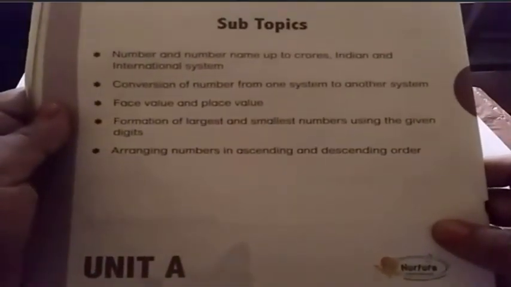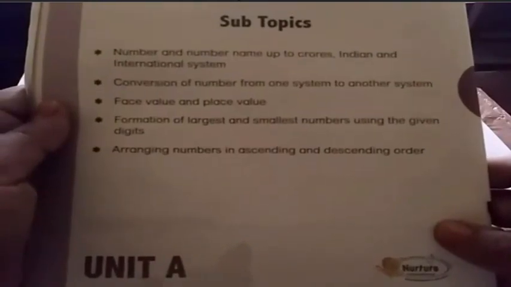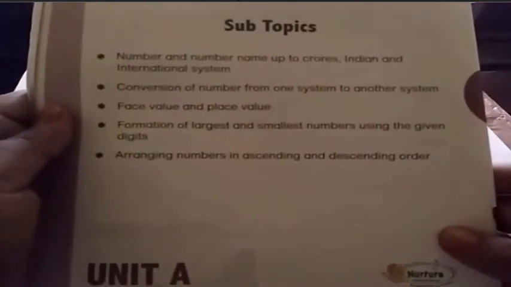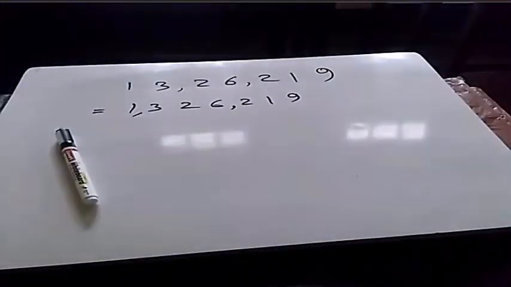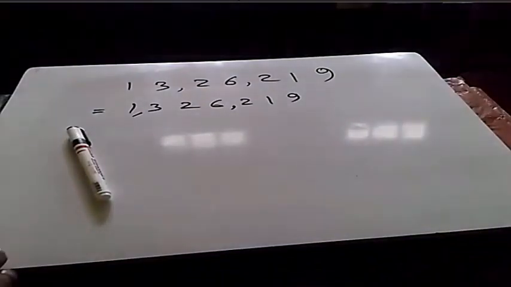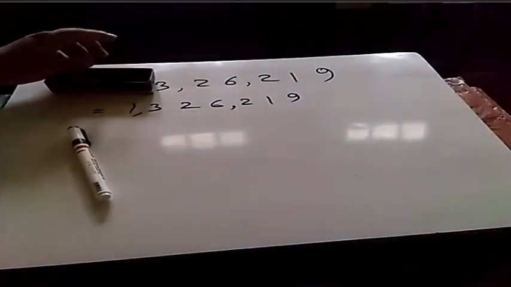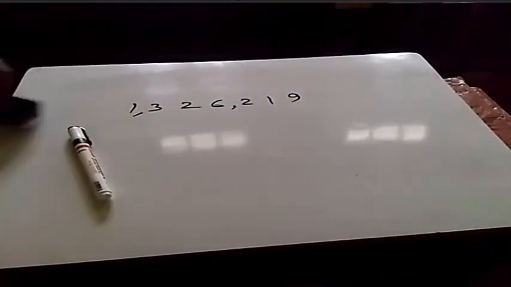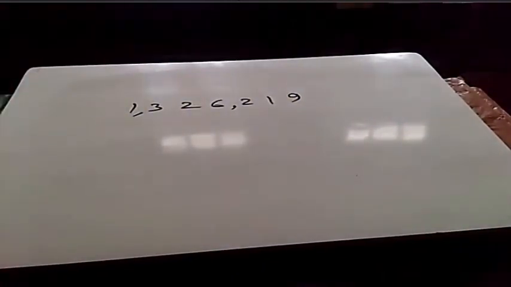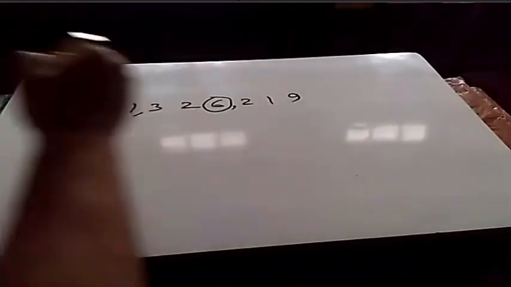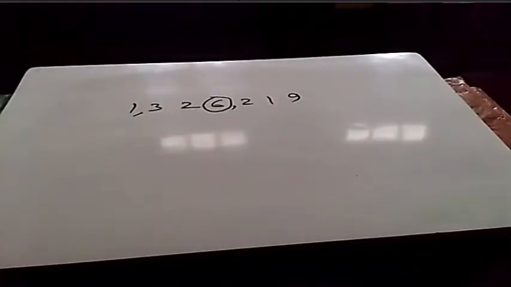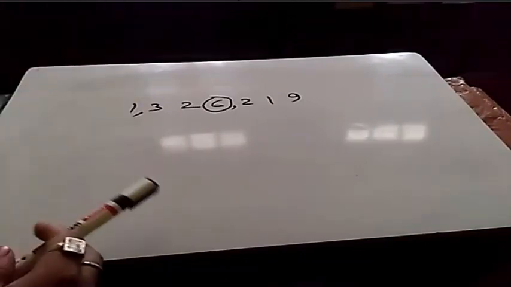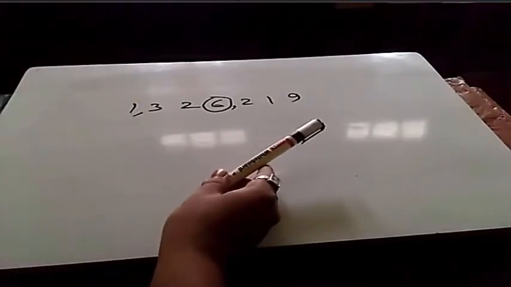Now let us consider the face value and the place value. This is the third point. Let us consider this very number. Now, let us say you are asked to write the place value and face value of 6. First of all, you will consider which system the number is in.